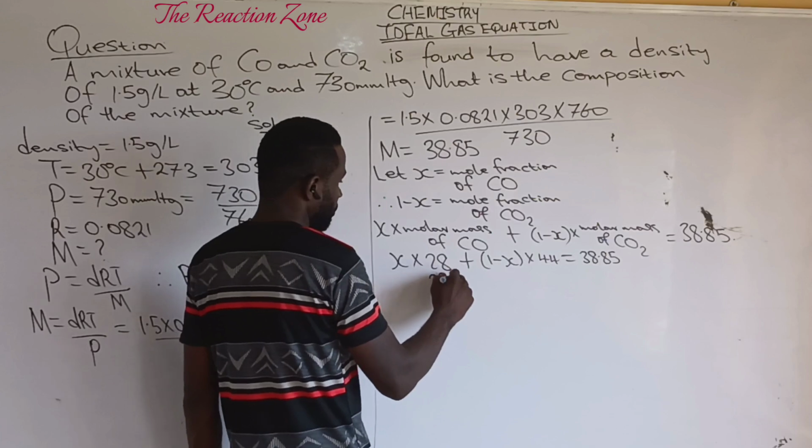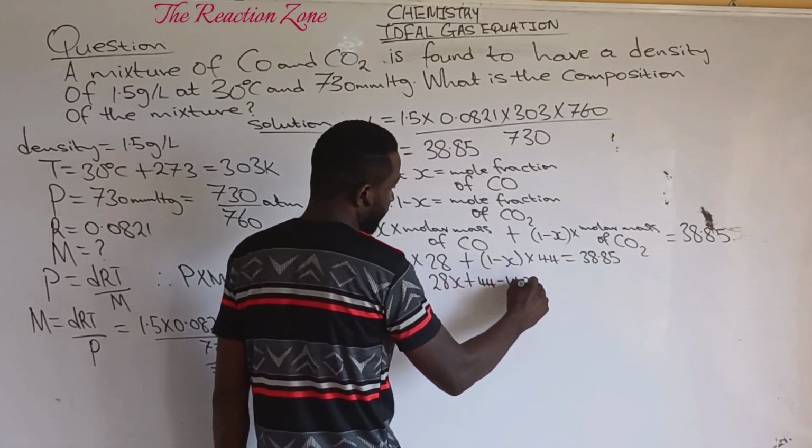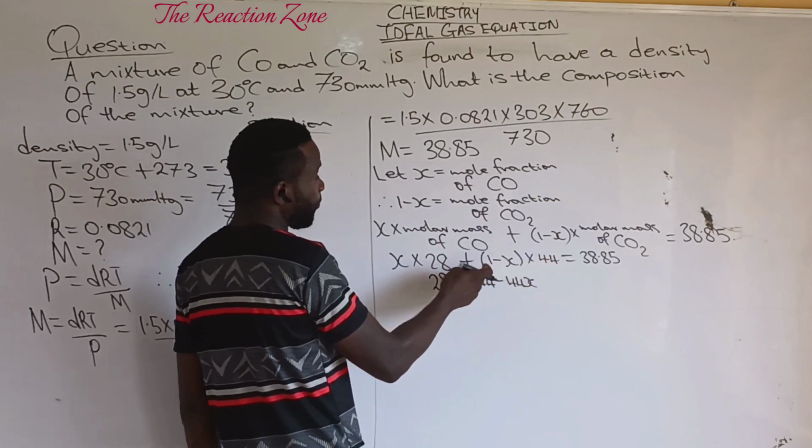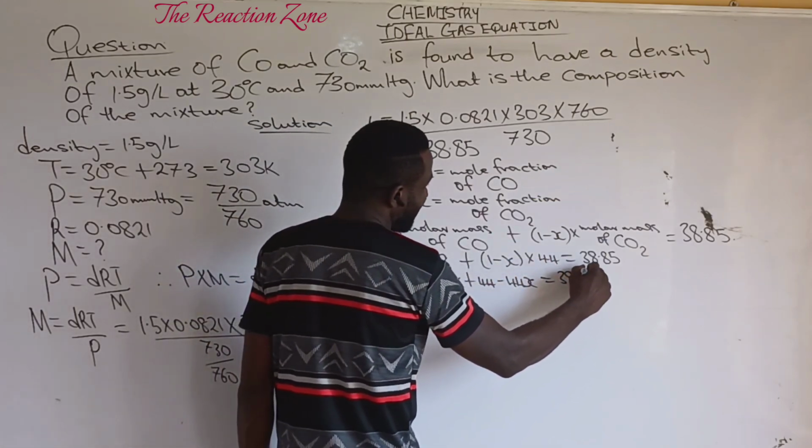So this is 28x plus 44 minus 44x, when 44 is used to open this bracket, will be equal to 38.85.